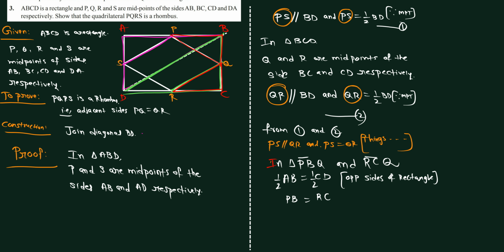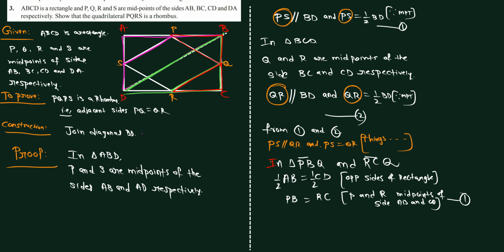Okay, then P and R are the midpoints of the sides AB and CD. Okay, let us say this is 1.